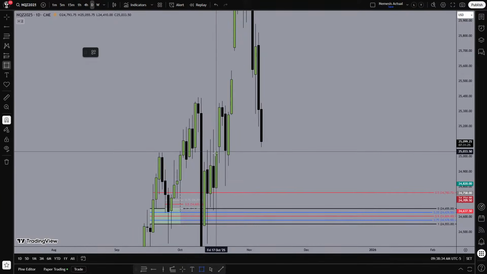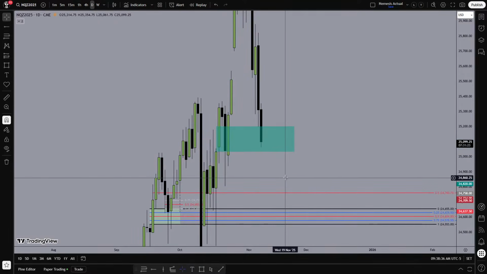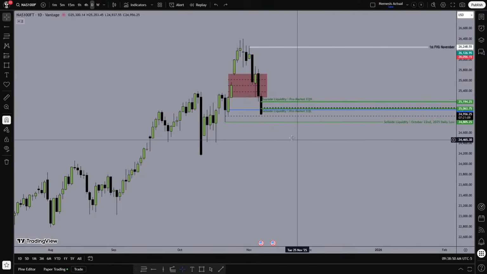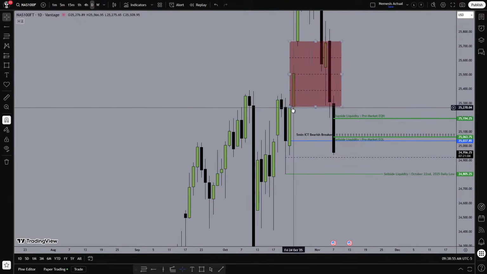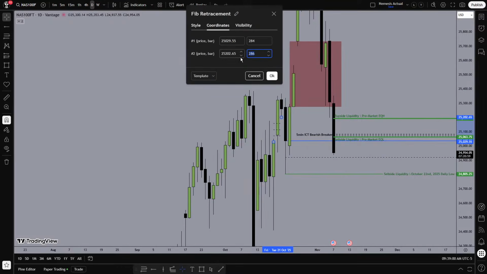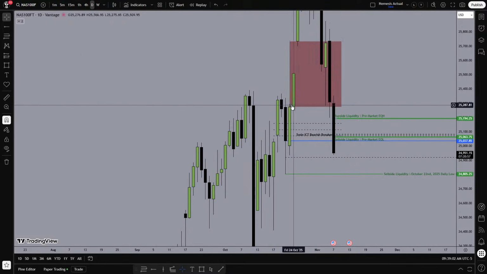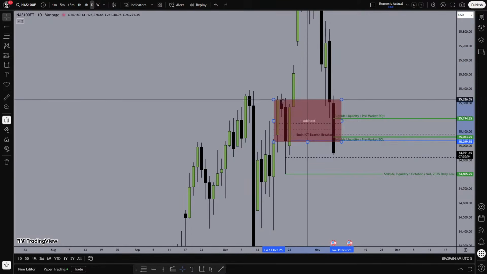Well, you'll be doing like this, right? You could be doing like this and then annotate the volume imbalances separately, but I don't know. I like to include this whole thing in. That, and then we have the fair value gap itself.